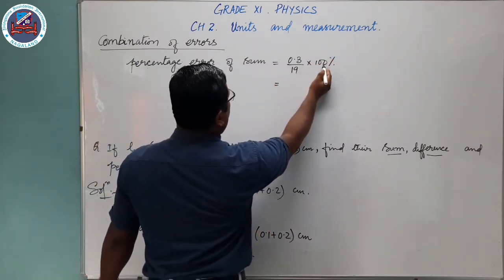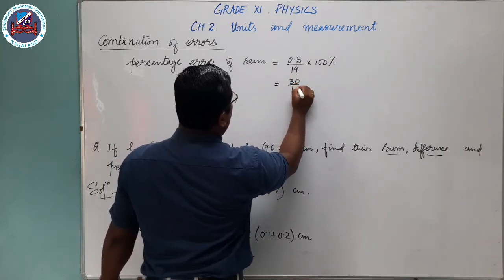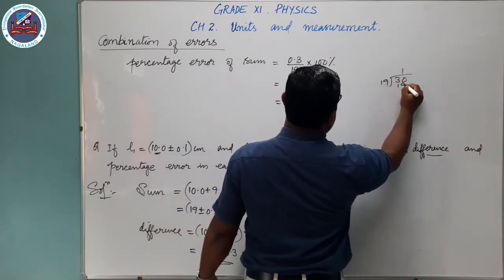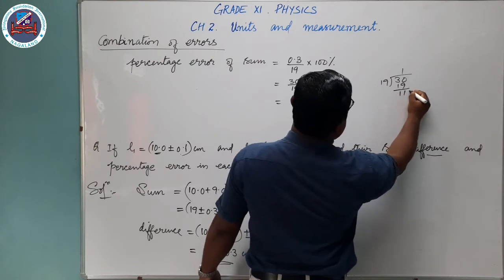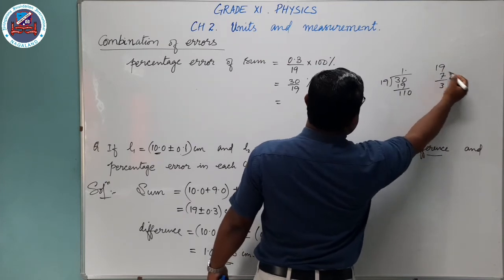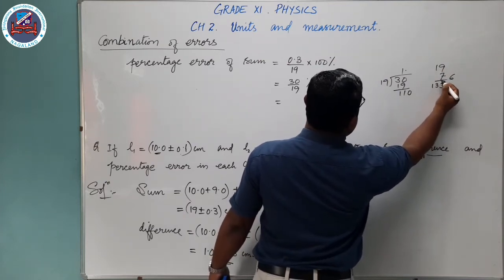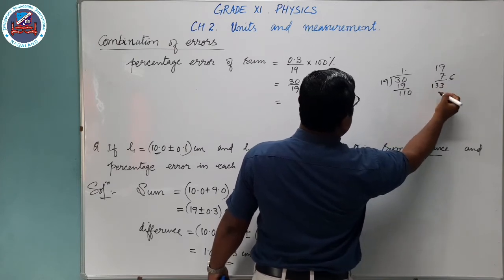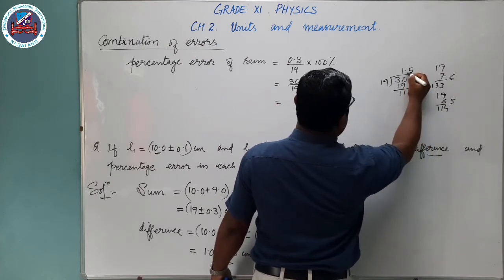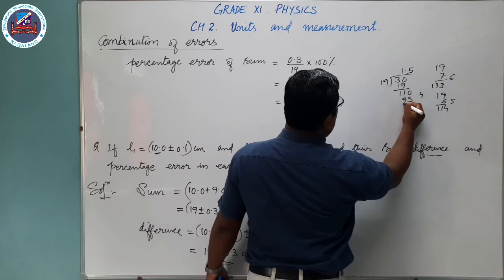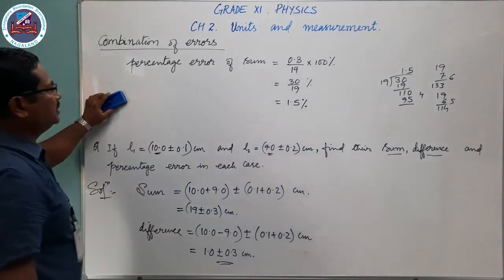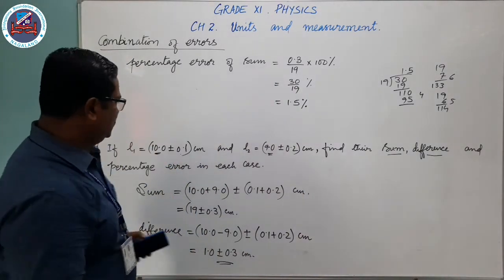Now this is 30 divided by 19. Dividing it, this comes to about 1.5%.